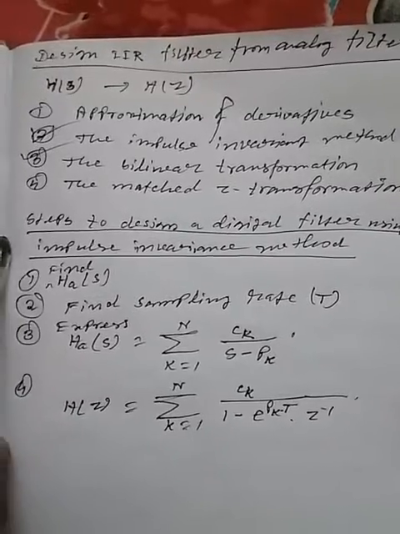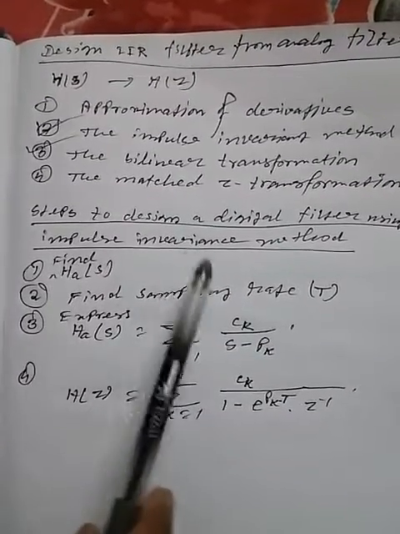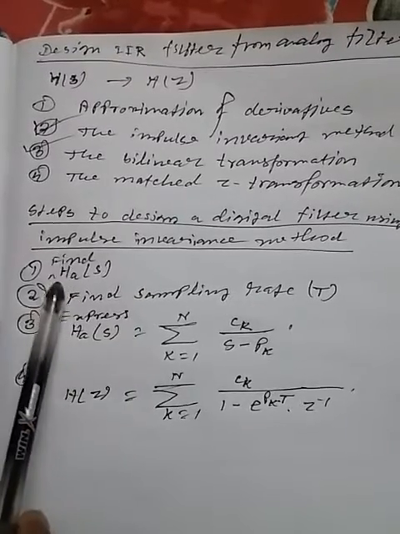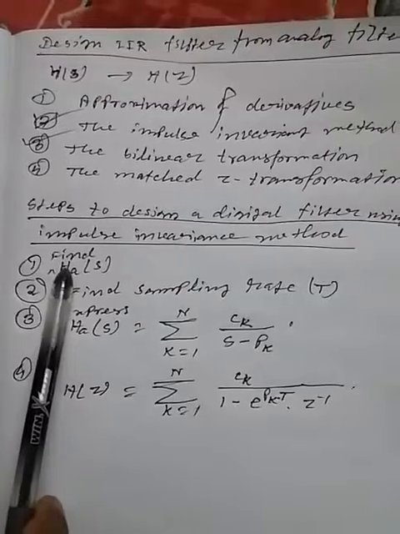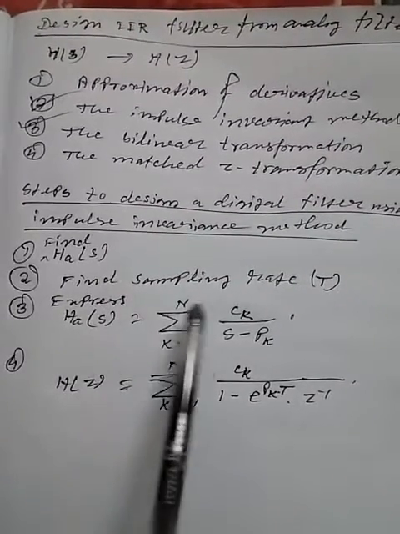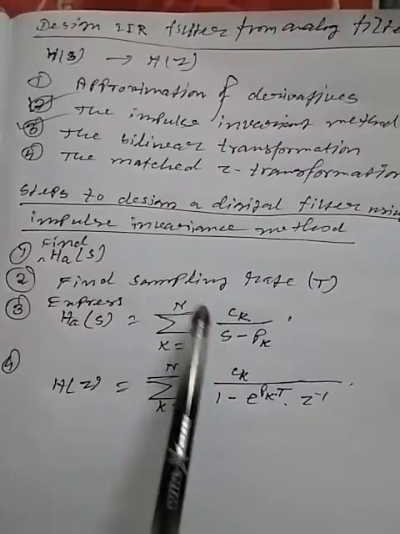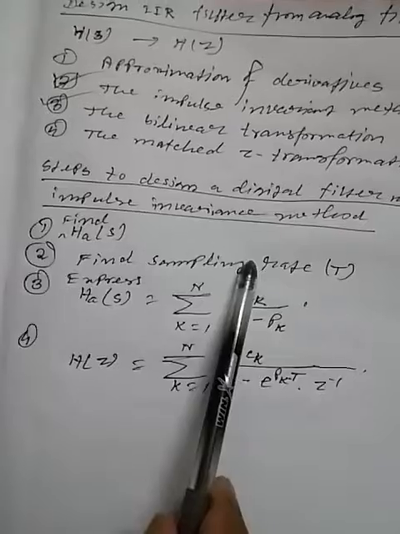What are the steps to design a digital filter using the impulse invariant method? At first you have to find out the transfer function of the analog filter. After that you have to find out the sampling rate, which has to be given in your problem.